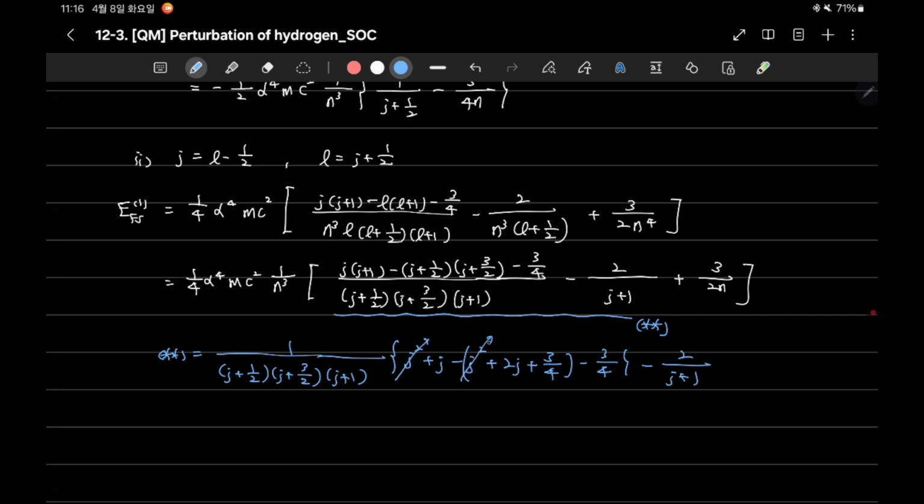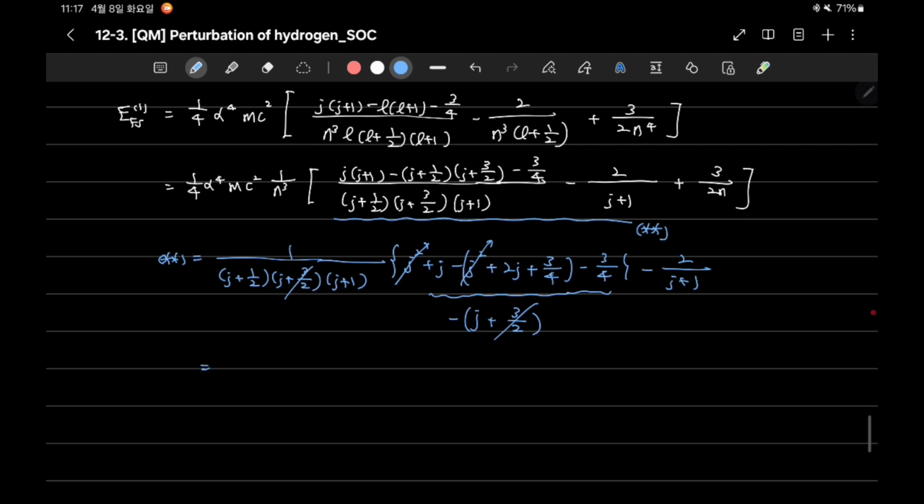So j square cancels each other. 3/4 cancels. Not cancel, it is not cancel. So it makes minus j minus 3 half. So minus plus cancels with each other.